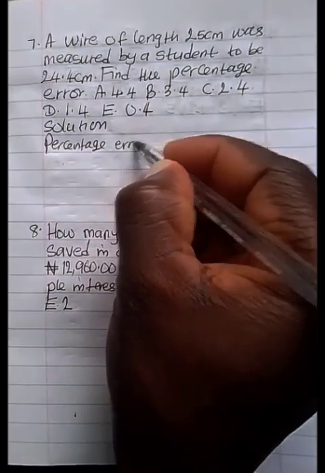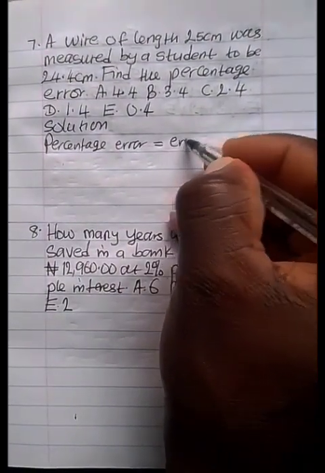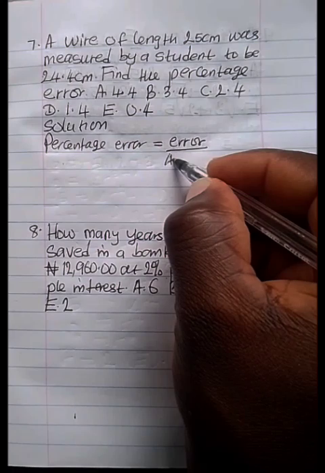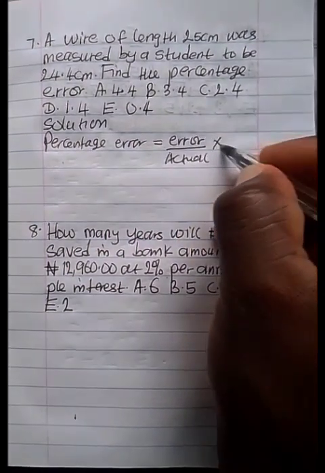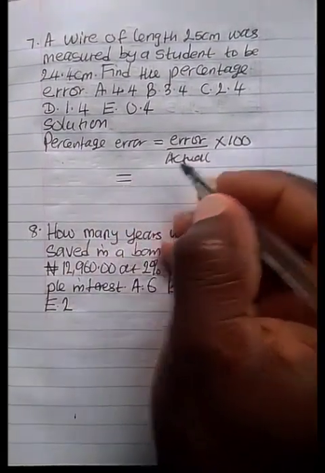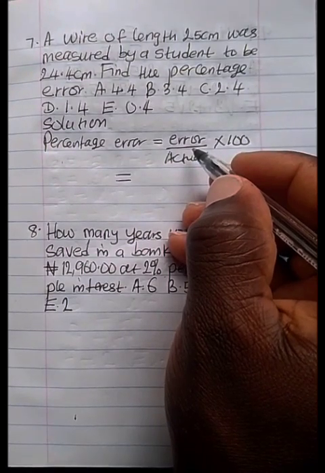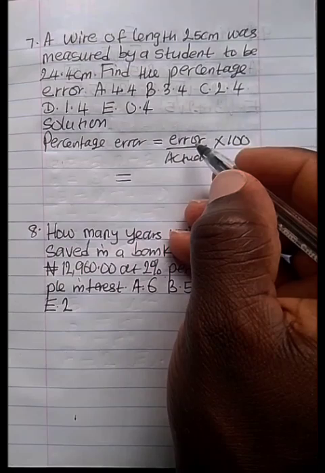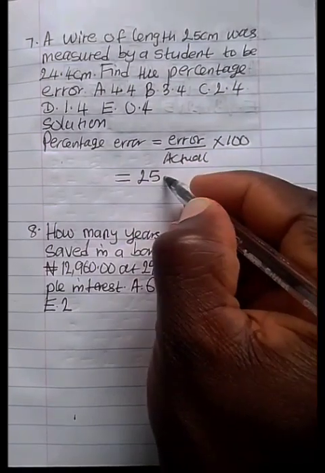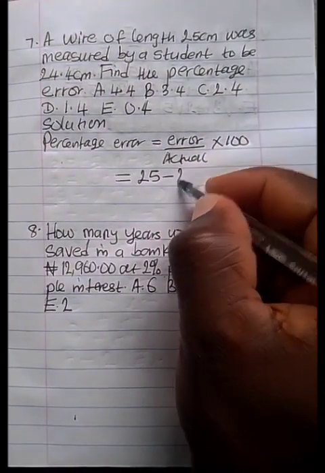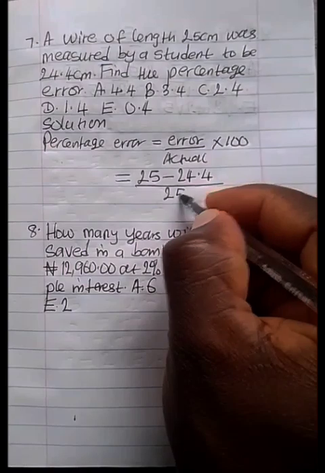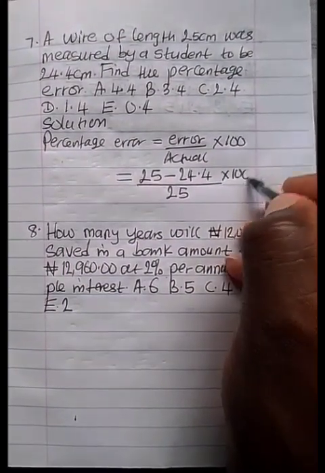Percentage error is equal to error over actual or exact measurement times 100. The error is the difference between the actual and the wrong measurement. The actual is 25 minus the wrong measurement 24.4, over the actual 25, times 100.